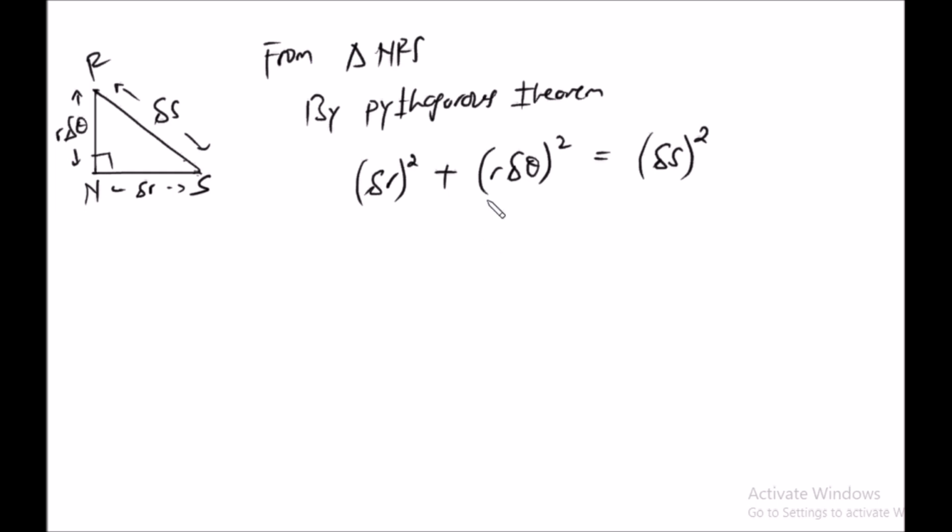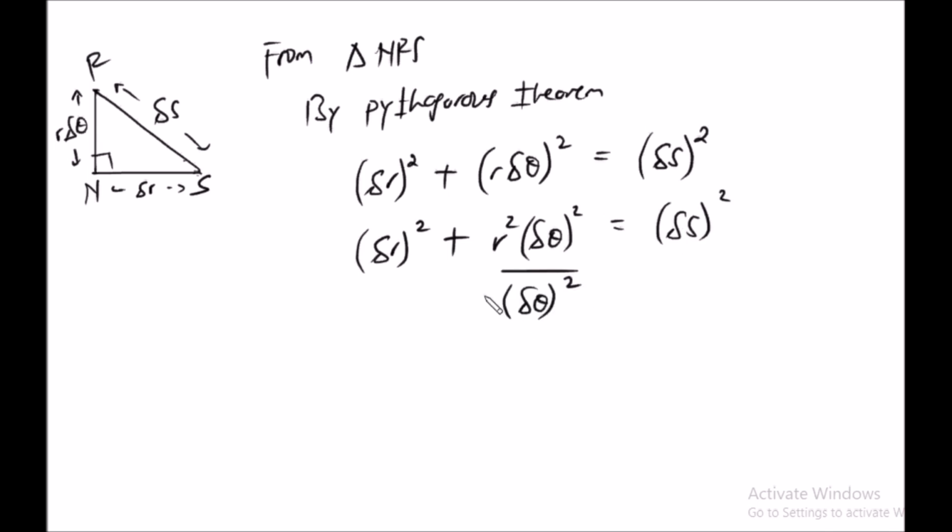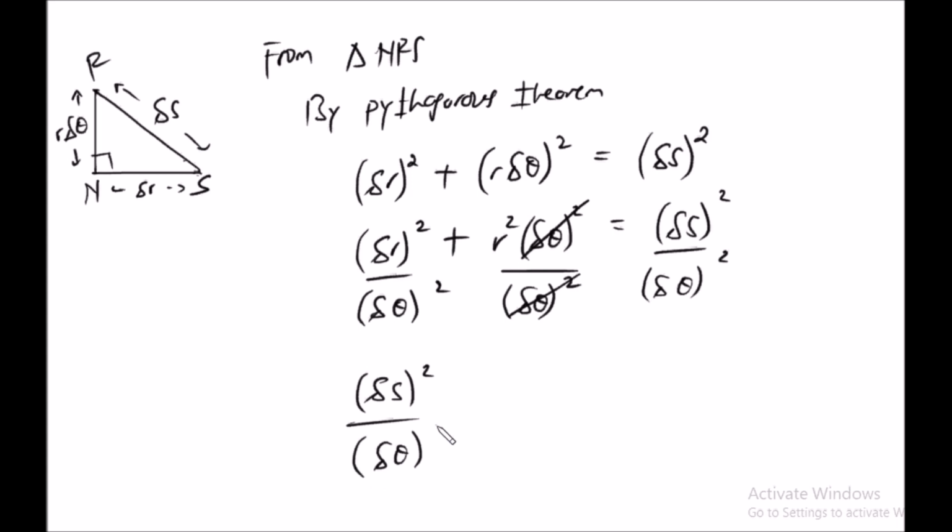So hii itakuwa ni delta r squared jumlisha r squared delta theta squared ni sawa na delta S squared. Kwa hiyo nagawanya kwa delta theta squared everywhere. Kwa hiyo nitaona kwamba delta S squared over delta theta squared ni sawa na r squared jumlisha delta r squared over delta theta squared.